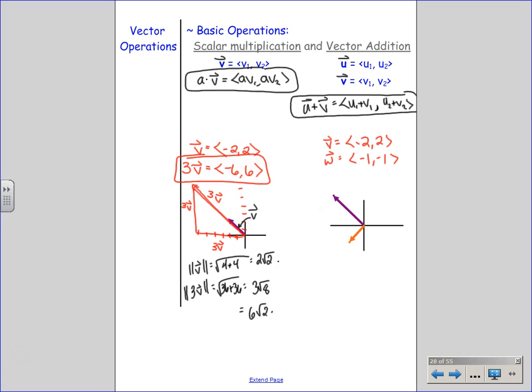Could that work? For purple, negative 2, 2. And for w, negative 1, negative 1. That could work, right? Just addition. What happens when you put those two together? It's as easy as negative 3. The math's easy if you have components.